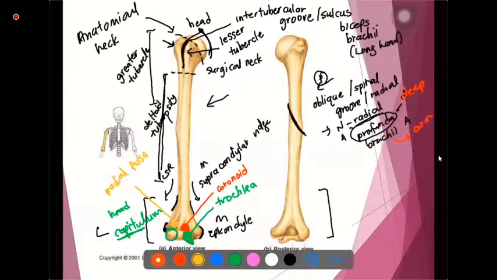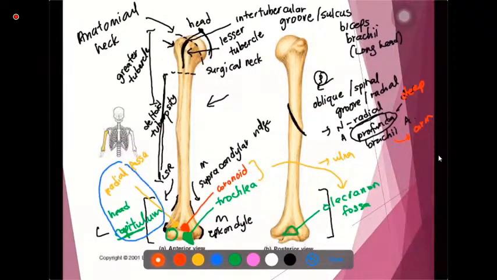Okay, because this receives the olecranon process of your ulna. So on the medial side, these two along with this will receive the ulna, and then on the lateral side, the radial fossa and the capitulum will articulate with your radius.